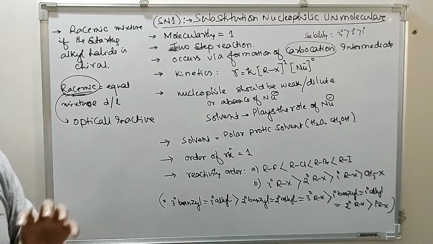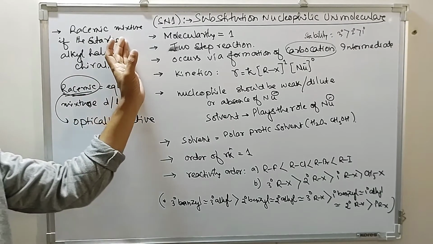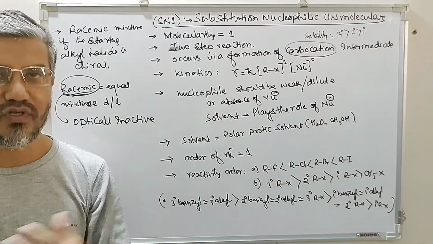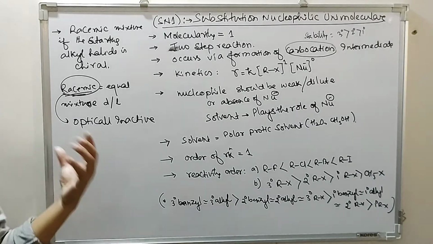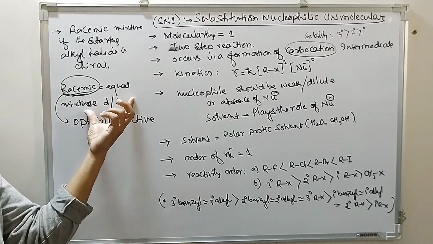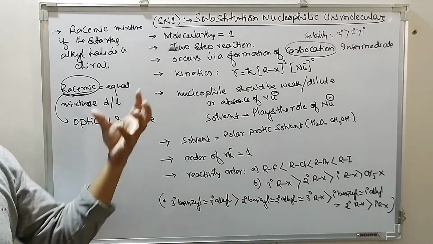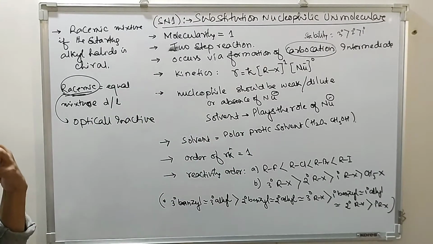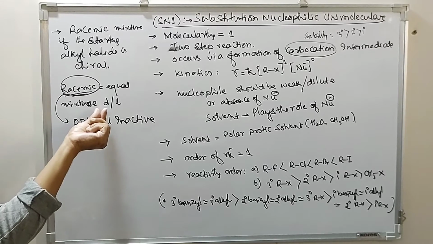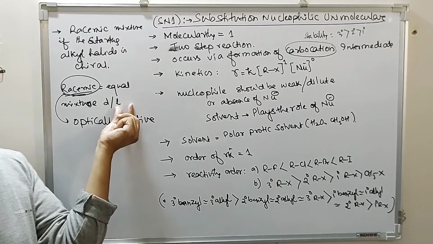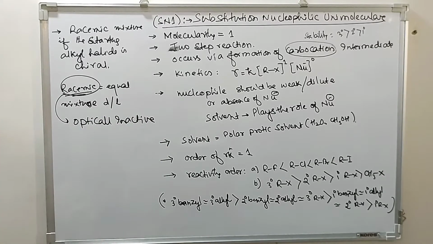That means there is always a process known as racemization, or a racemic mixture will be formed. A racemic mixture contains equal amounts of the dextro and the levo form of the same compound. So the optical rotation will be 0, meaning the rotation produced by the dextro form will exactly be cancelled by the levo form.